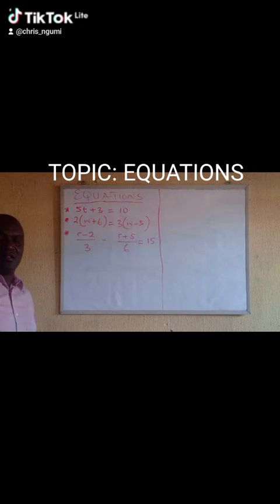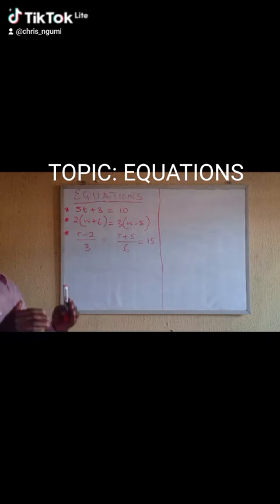Now, let's go to the last aspect, which is the ingredients that constitute an equation. When we say ingredients, we are referring to the parameters that you are expected to see to say these expressions are equations.